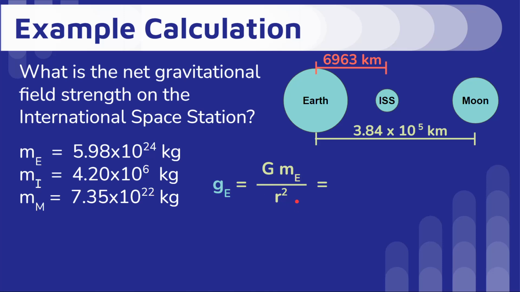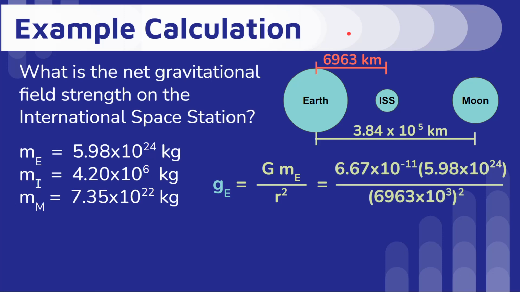Since we're looking at the effect on the International Space Station, the distance we're going to use is this distance up here, 6,963 kilometers. However, I can't use kilometers, so I did convert it to meters. There are 1,000 meters in a kilometer, so I simply multiplied by 10 to the third. I know this is not typically the correct notation for scientific notation.